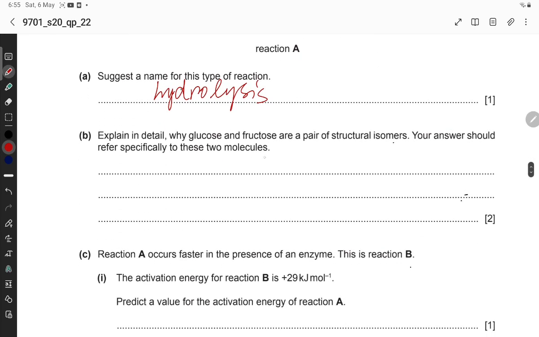Explain in detail why glucose and fructose are a pair of structural isomers. Your answer should refer specifically to those two molecules.